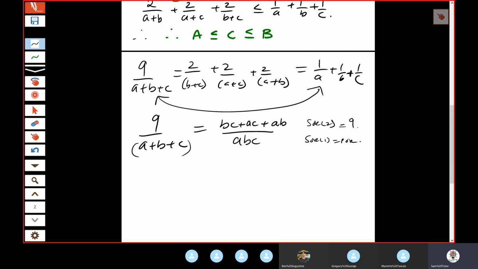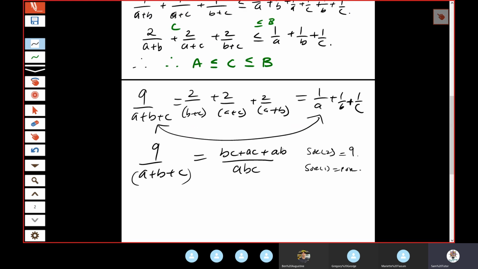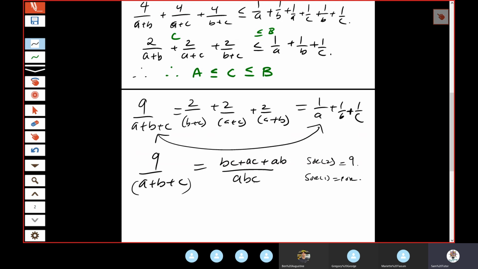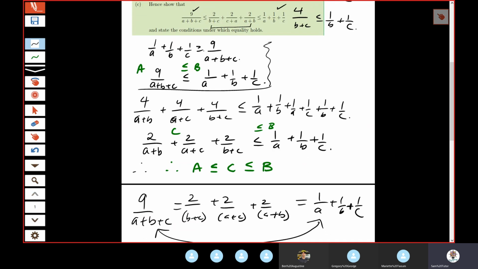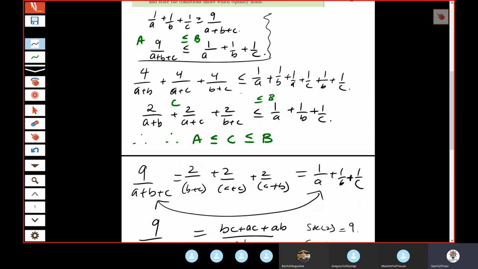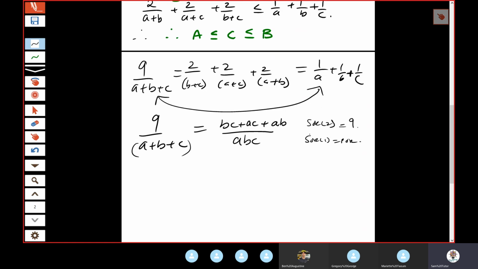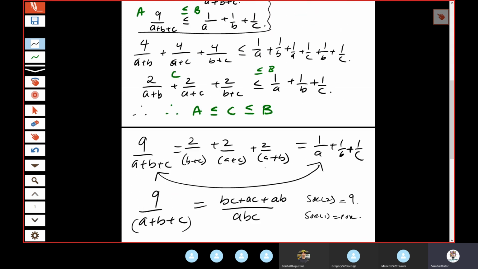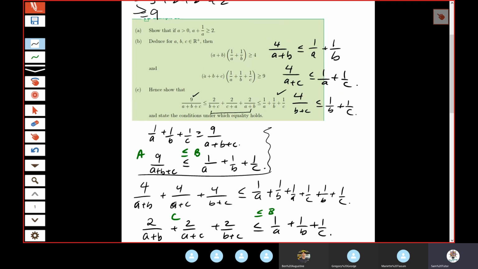Can I get a relationship? State the conditions under which equality holds. Equality would only hold if b times c plus a times c plus a times b is equal to 9, and the sum of roots a plus b plus c is equal to abc.